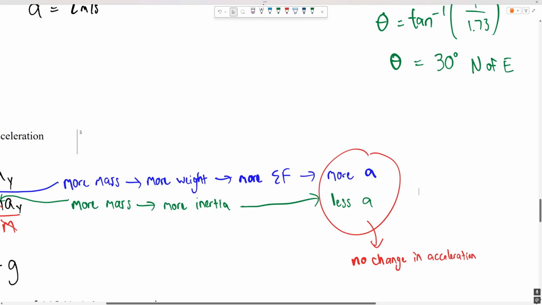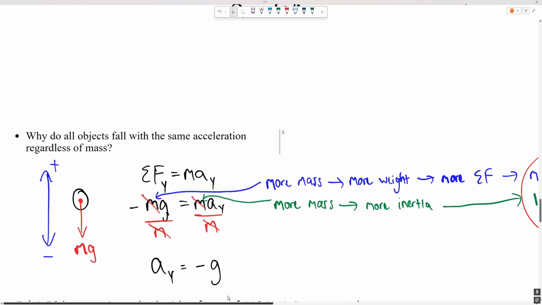So more mass, more inertia, less acceleration; more mass, more weight, more net force, more acceleration. And these two things kind of cancel each other out, which ends up having no change in acceleration, regardless of the mass.